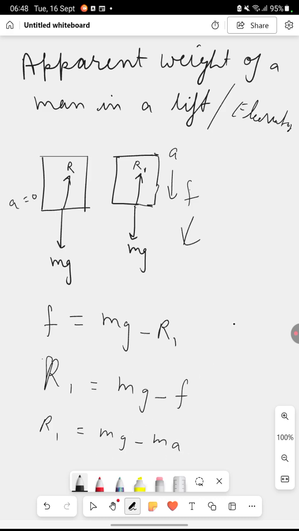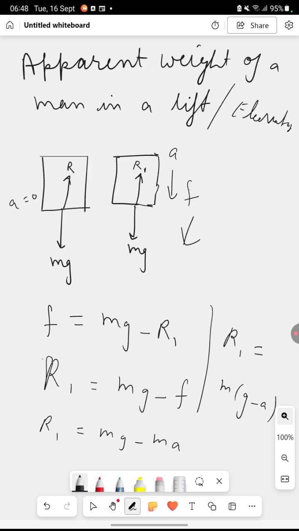So R1 will be equal to m into (g minus a). So this is the case when the elevator is moving in the downward direction with an acceleration a.